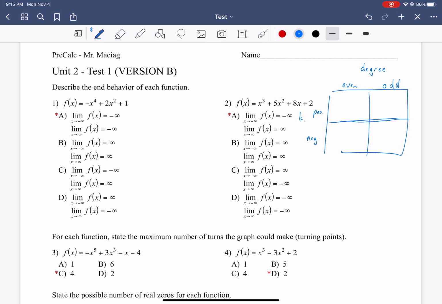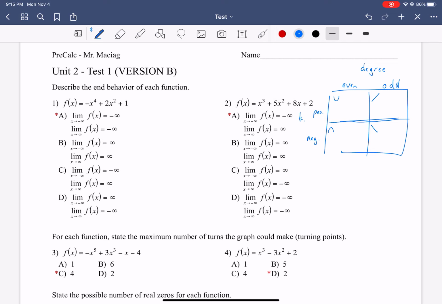Remember, if it's even and positive, it'll act like a parabola. If it's even and negative, it'll act like a parabola facing down. If it's odd and positive, it'll act like a positive line. And if it's odd and negative, it'll act like a negative line.